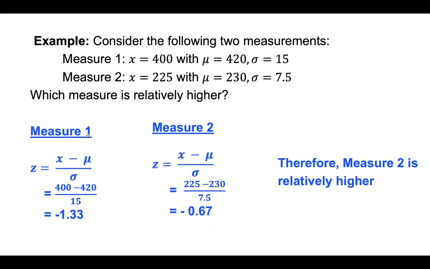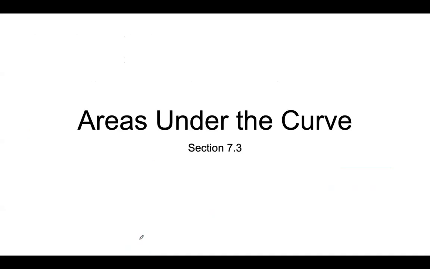If we calculate the Z-score here versus this one, measure 2 is higher than measure 1. Because remember, this is our 0. This would be negative 0.67, and this one would be, let's say, negative 1.33.